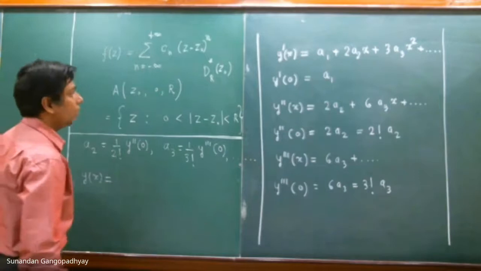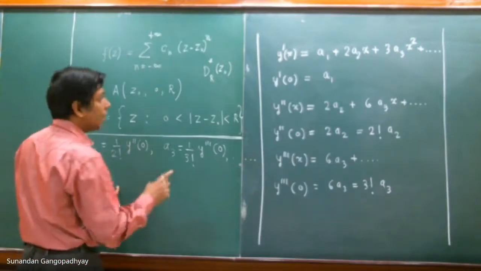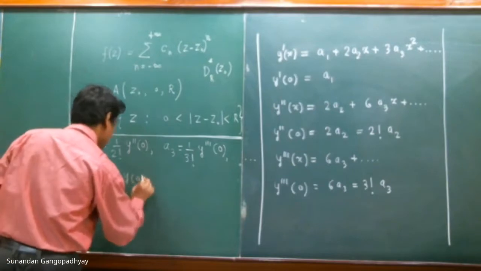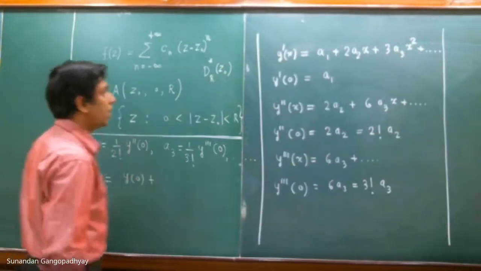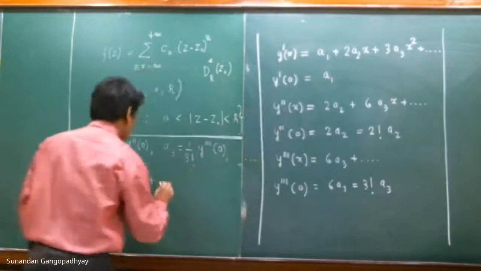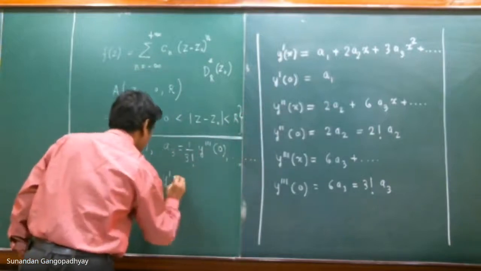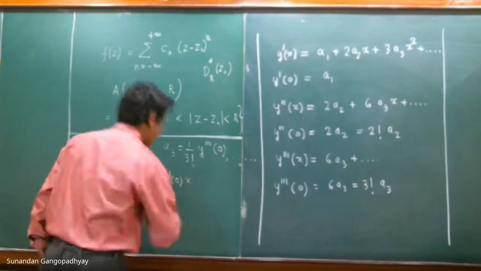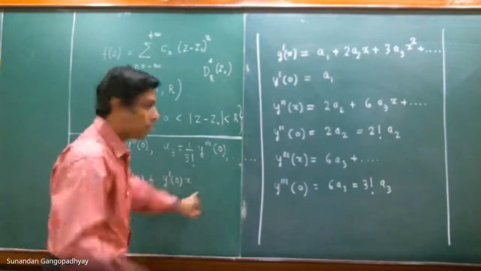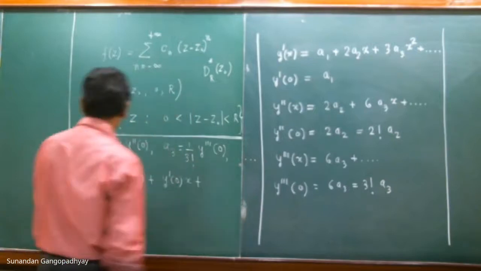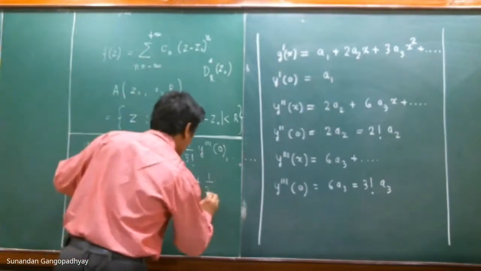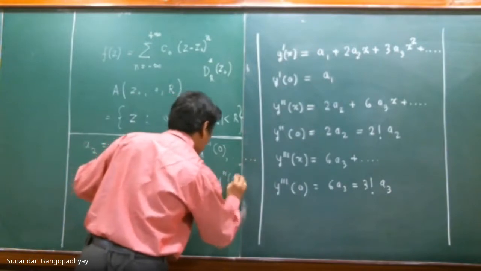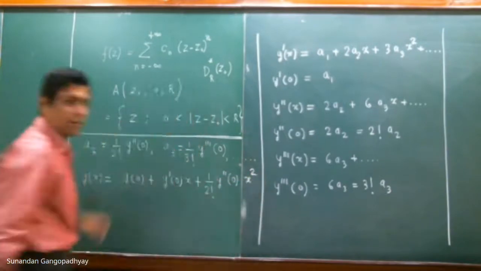You know that the first term a0 is nothing but y at 0 plus what is a1? a1 is y prime 0, but a1 is multiplied by x. The next term is a2x square. So what is a2? a2 is 1 by 2 factorial y double prime 0 times x square.